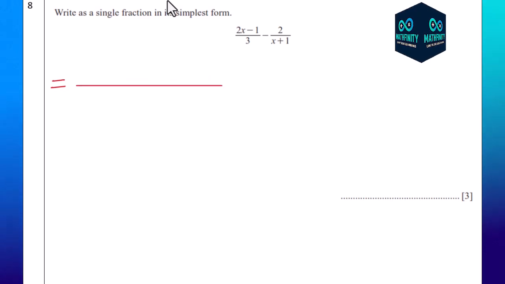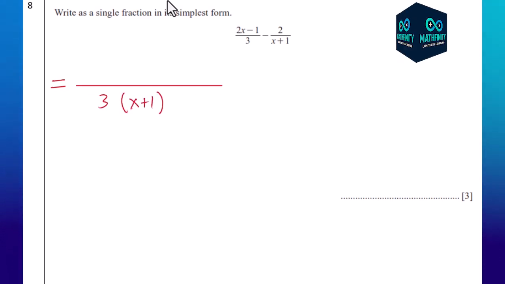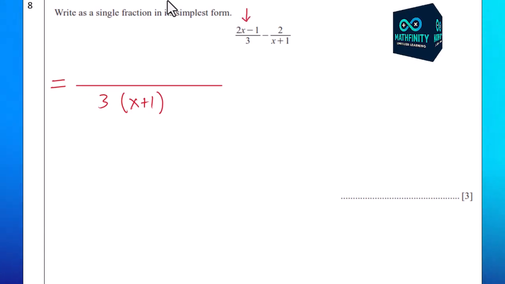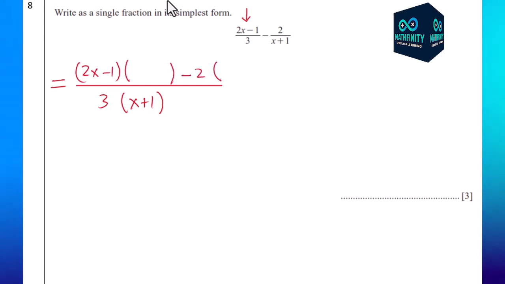First, we multiply the denominators. What are the denominators? 3 and x plus 1. And the numerators you will see here. Write as it is 2x minus 1 and put the bracket minus 2 in brackets.